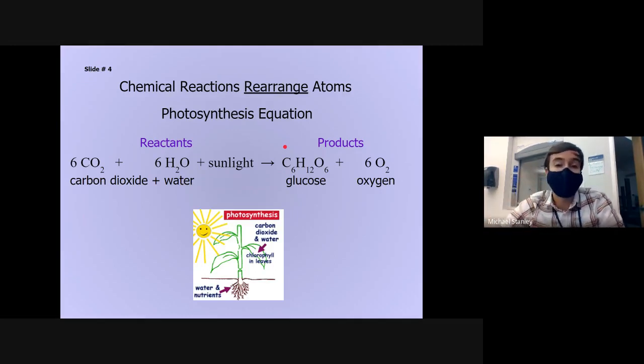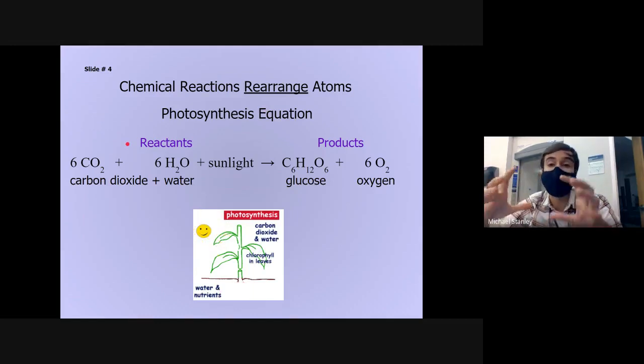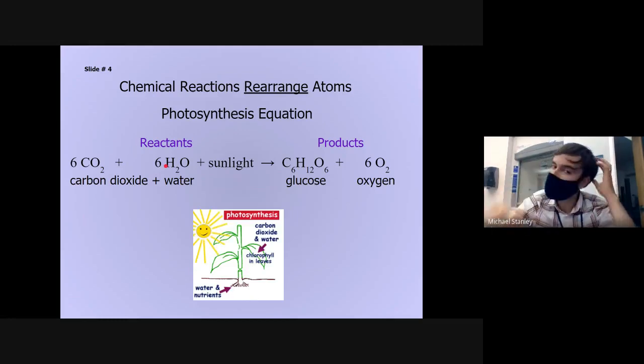And the second point that we pointed out yesterday is that we cannot create or destroy any atoms, meaning that we have to have the exact same set of atoms on the reactants and product side of the equation. Like on the reactant side, for example, we have carbon, oxygen, and hydrogen, C's, O's, and H's.